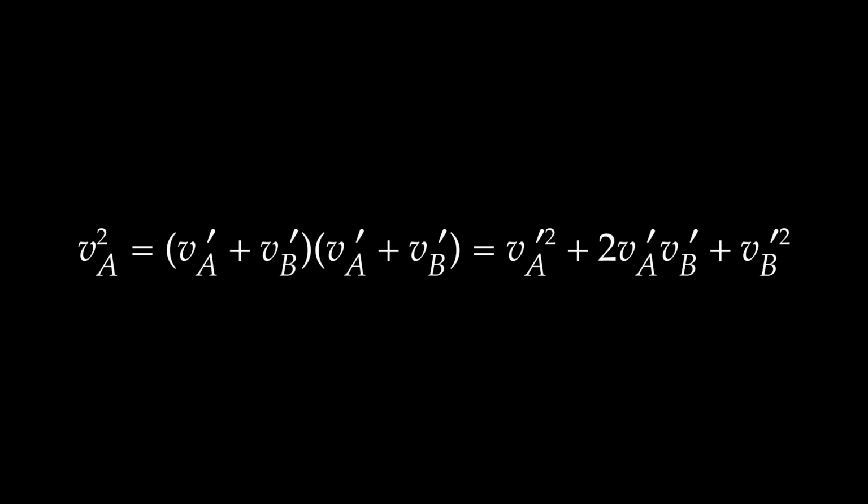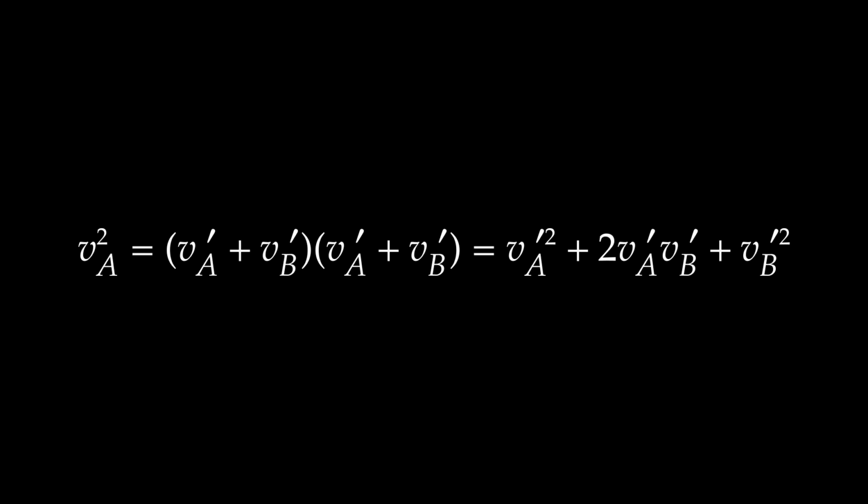So squaring this, VA squared is going to be equal to the square of these terms. Well, I'm going to have to FOIL this. So it's going to be VA prime squared plus 2 VA prime VB prime plus VB prime squared. That's what I get when I square my momentum equation on both sides.